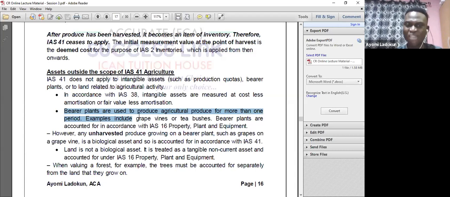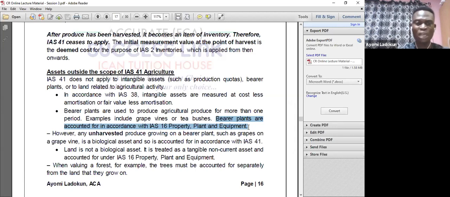Now, examples include grapevines, tea bushes. Bearer plants are accounted for in accordance with IS 16. That's it. In the next question, we're going to see how all these standards interface with each other, so you need to understand properly.